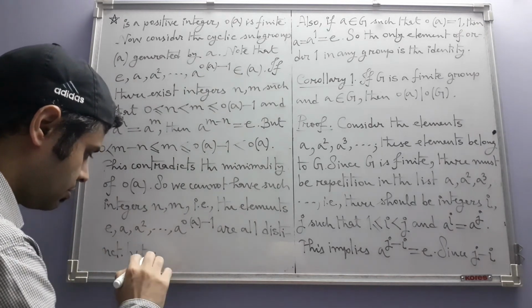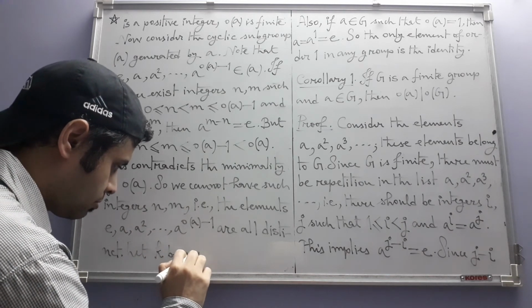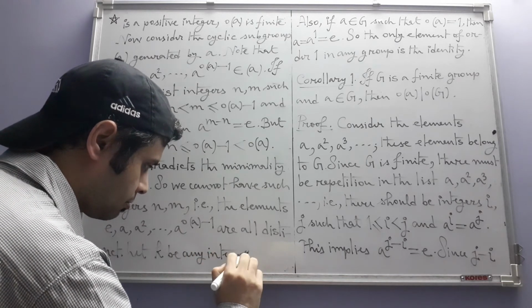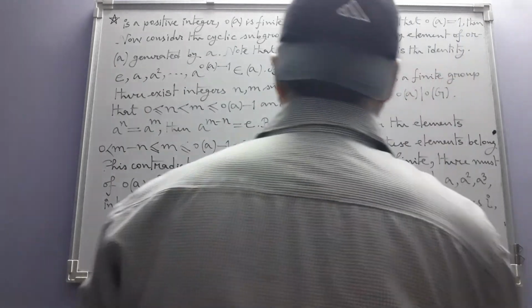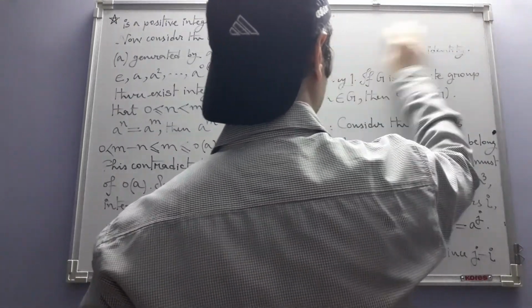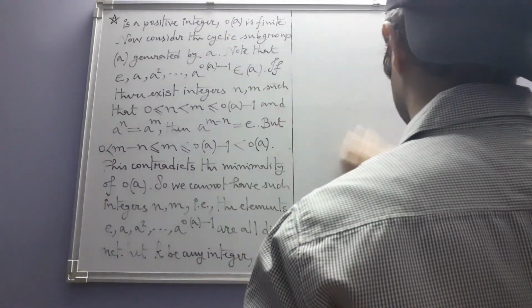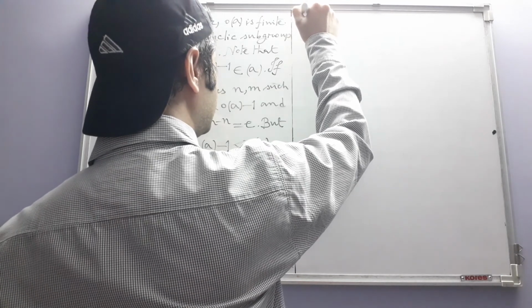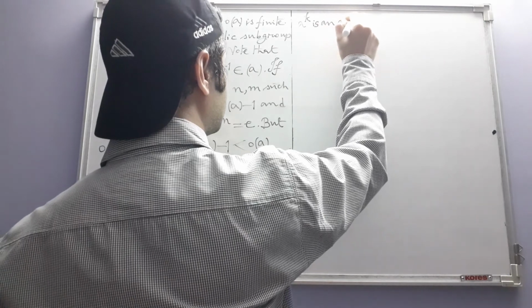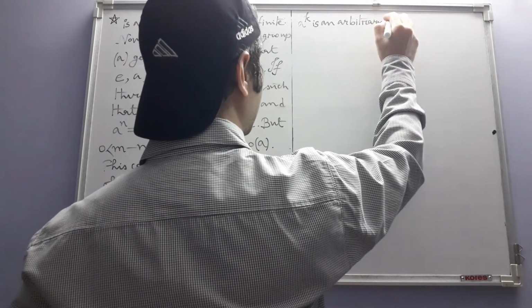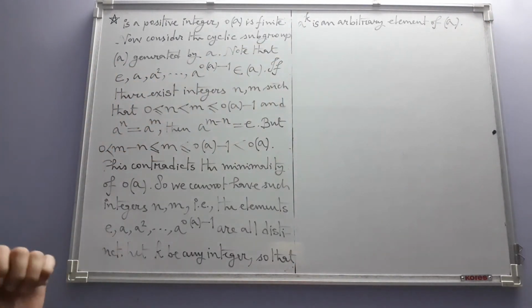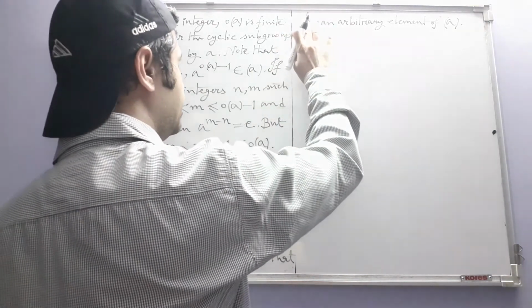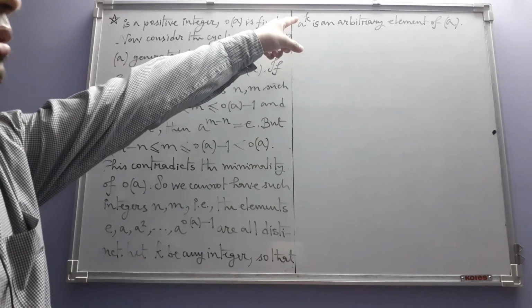Let k be any integer so that a to the power k is an arbitrary element of this cyclic subgroup, because according to the definition of a cyclic subgroup, the elements in the subgroup are integral powers of a, and the integer appearing in the exponent can be any integer.